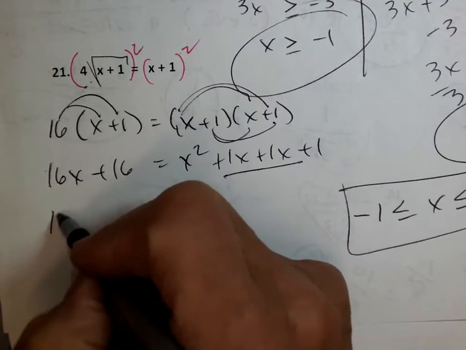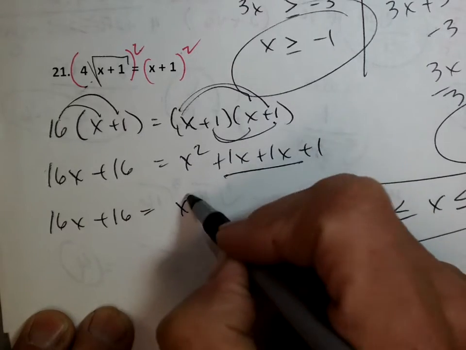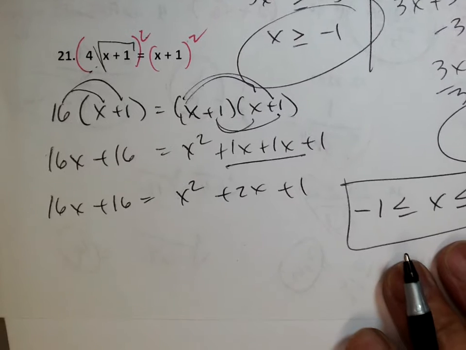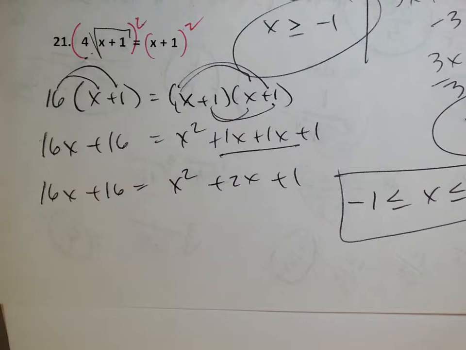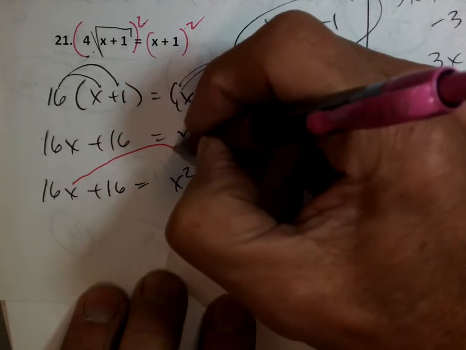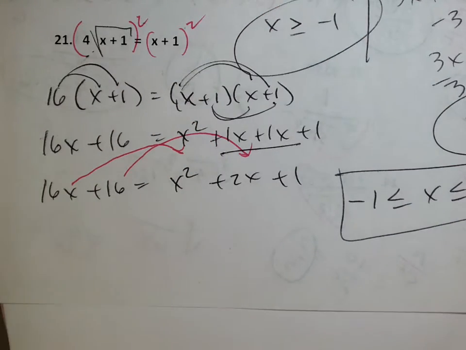So I've got a 16x plus 16 equals an x squared plus 2x plus 1, okay? Now, it looks to me like I might have to factor because I get an x squared and I get x terms. So what I'm going to do is try and bring over the 16x, bring over the 16. So let's subtract those and make it equal to 0 because it looks like I'm going to have to factor.